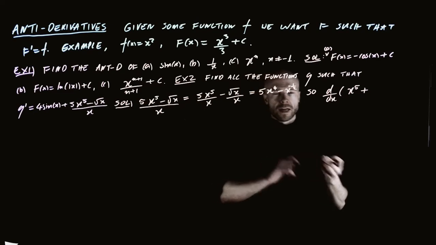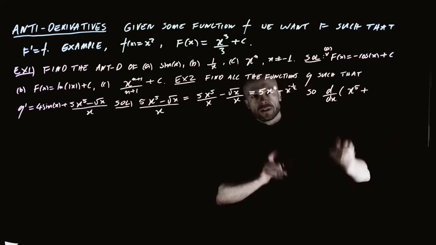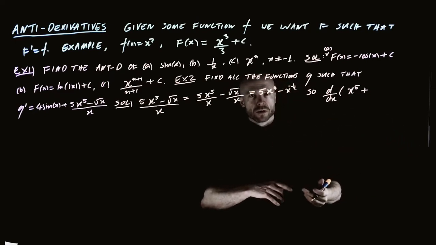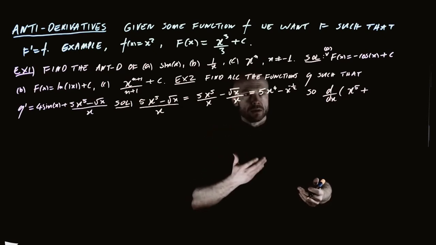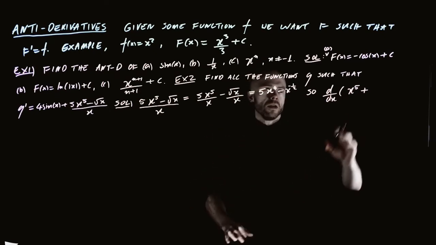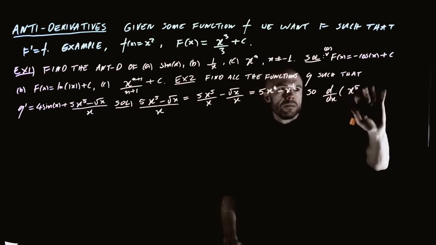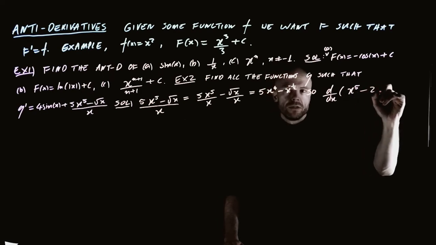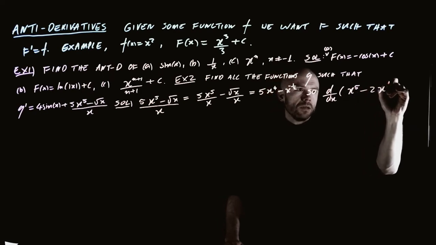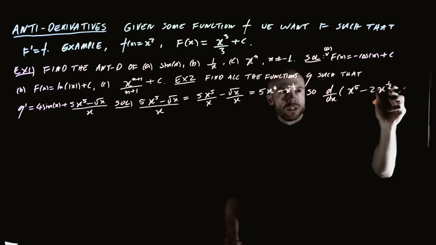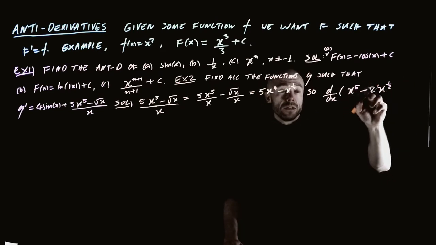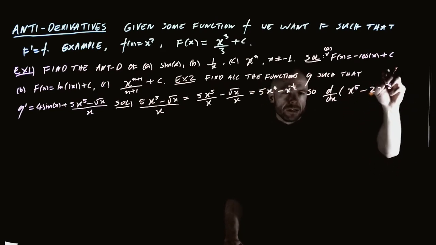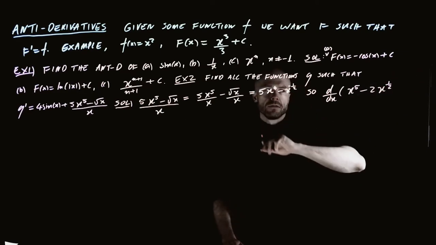And if we just differentiate x to the power a half, we have a half x to the minus a half. It's the wrong constant. So if we multiply by minus 2 and put x to the half like this, and differentiate, we have minus 2 times a half x to the minus a half, which is exactly what we want.